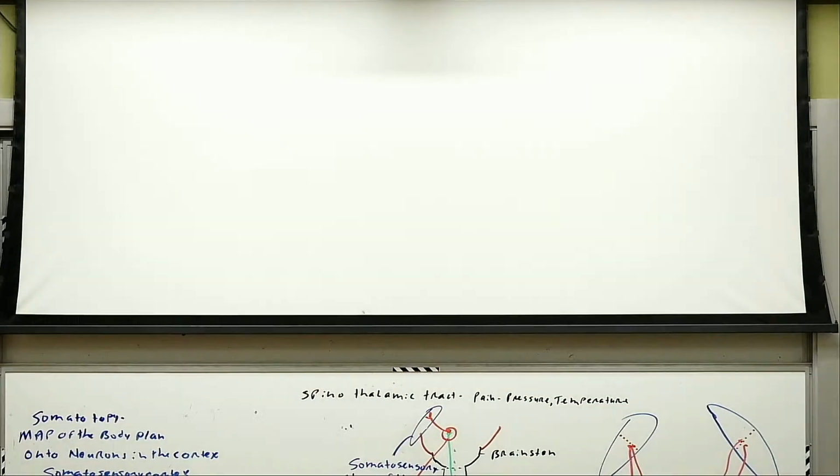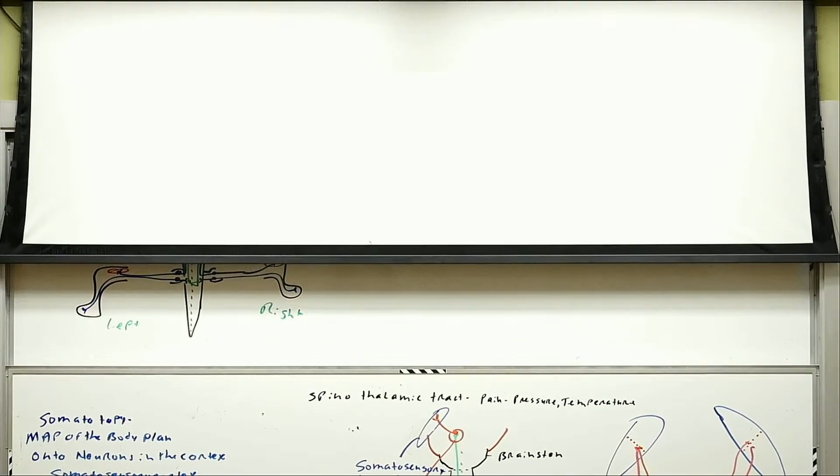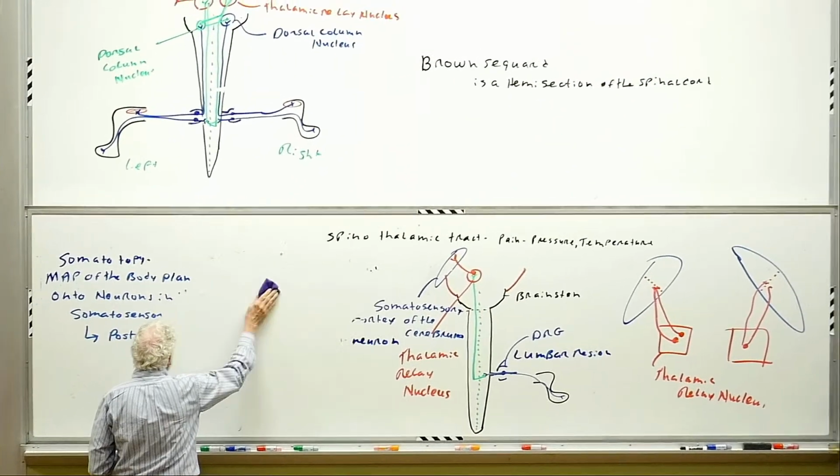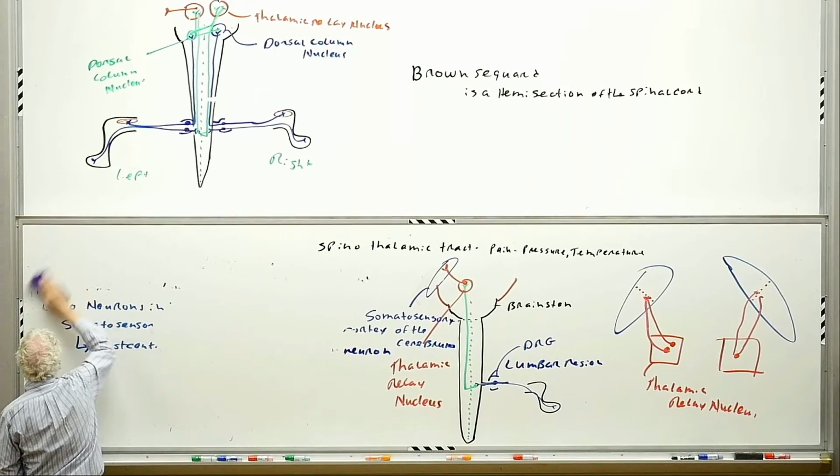Any questions on that? Well, if not, I'll do this in a drawing and then I'll come back to some slides. Let's now switch from the somatotopy of the sensory system and move over to the motor cortex.